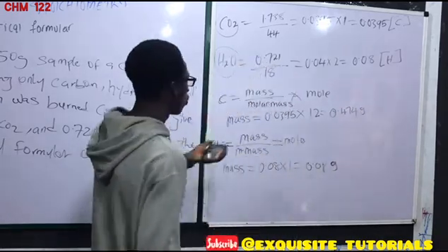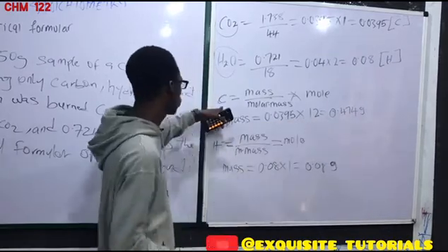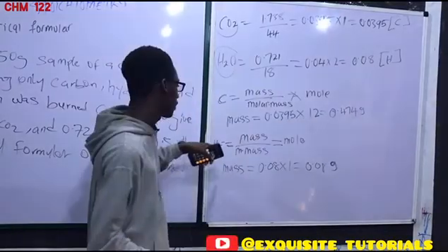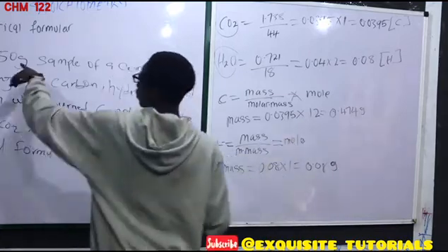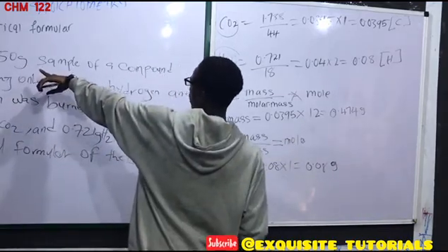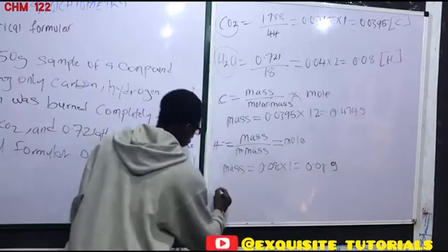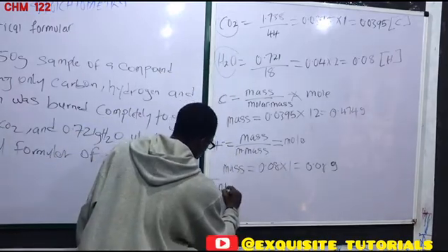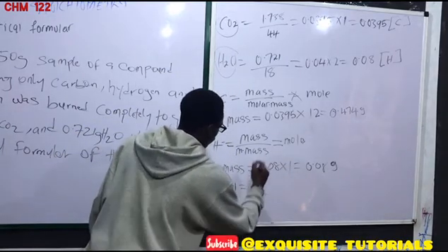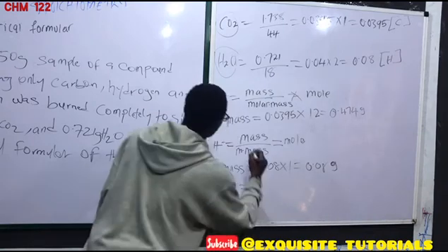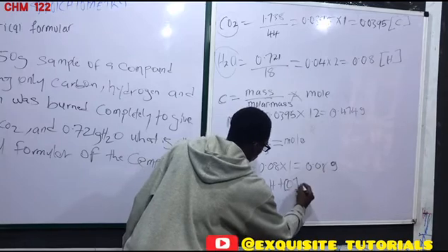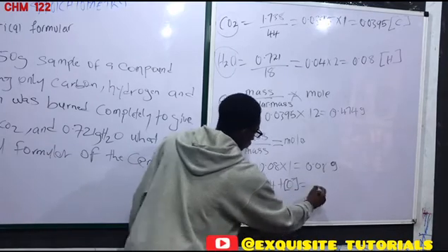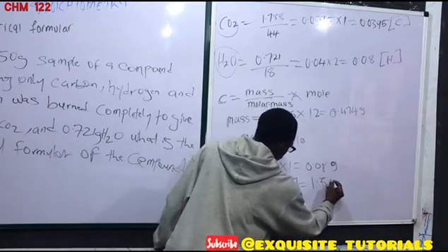Now we already have the mass of carbon and the mass of hydrogen. Now we have to add the two of them, then minus it from the total mass of the sample. Alright, so the total will be carbon plus hydrogen plus oxygen is equal to 1.5 gram.